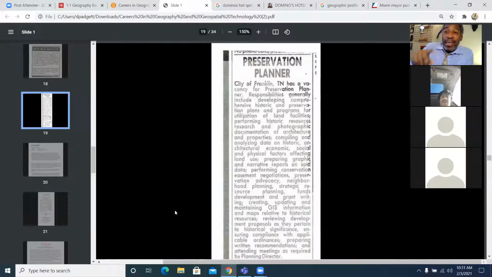Now, in order to get that change, you have to go before the zoning board, which is a very political process, in order to get that property changed from residential to commercial, which you think would be easy, but it might not be, because surrounding that piece of property might be other people who live in their homes. They don't want you to put a Walmart there. They're going to fight you tooth and nail.